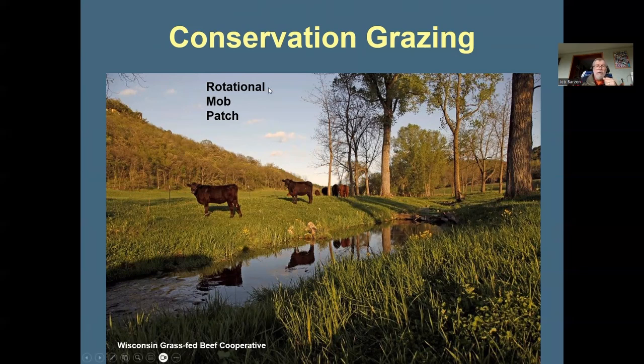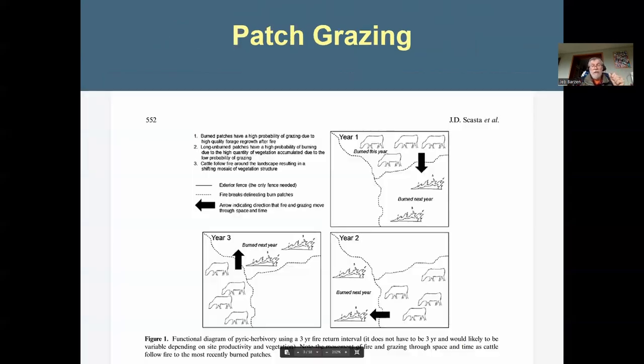There's lots of different types of conservation grazing that are done: various types of rotational grazing, mob grazing, which is an intentional type of rotational grazing, or patch grazing. And you guys actually know more about this than I do, but I'll touch on this briefly as it relates to conservation practices.